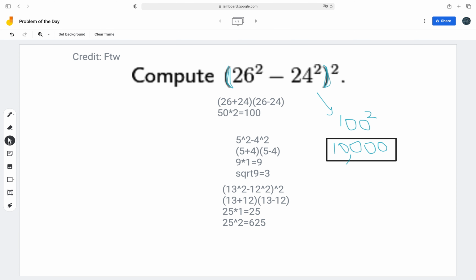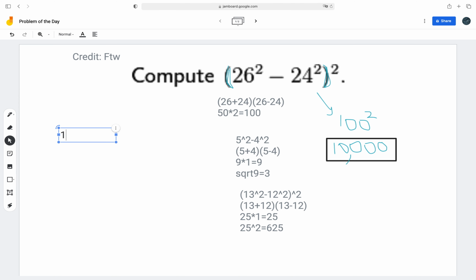Let's try some more difficult ones, maybe bigger numbers. 1001 squared minus 999 squared. And this is very useful for the win and MATHCOUNTS and AMC 8. So let's add them: 1001 plus 999 times 1001 minus 999.